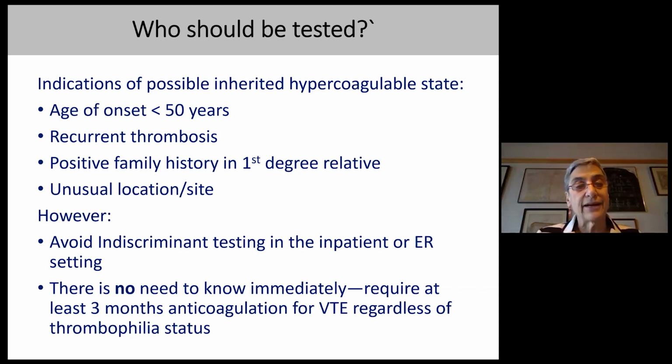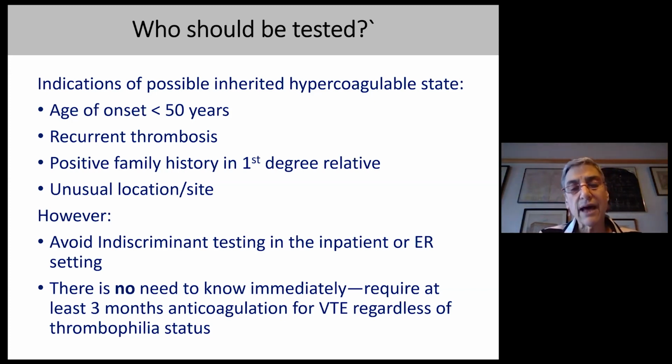Well, this is highly controversial. The indications for a possible hypercoagulable state are thought to be early onset of thrombosis in people under the age of 50, recurrent thrombosis, especially when it occurs in the setting of adequate anticoagulation, positive family history in first-degree relatives, or clotting in unusual sites.